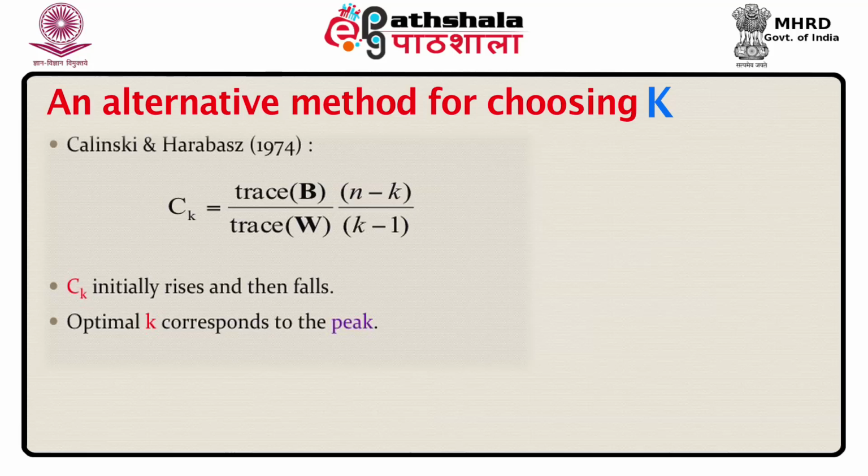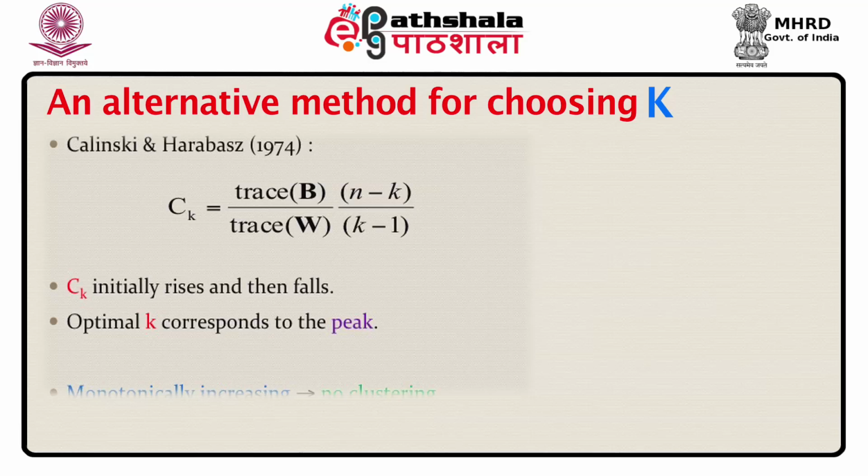Because the trace of B would be increasing as you increase the number of clusters, and the trace of W would be decreasing with the number of clusters. Whereas if you increase K, then n minus k would be decreasing and k minus 1 would be increasing. So this second factor would actually be decreasing with k.